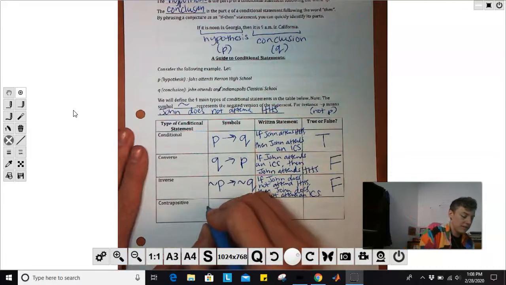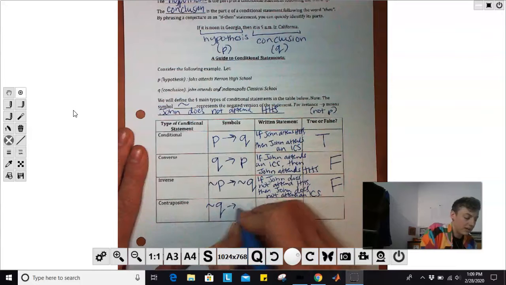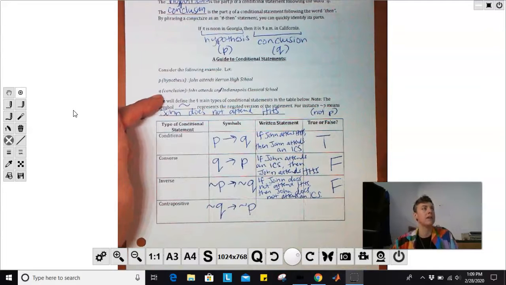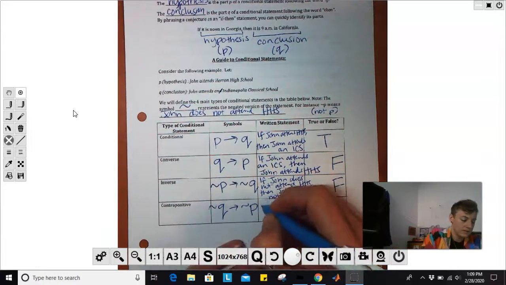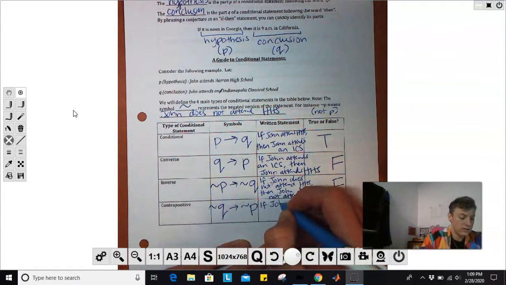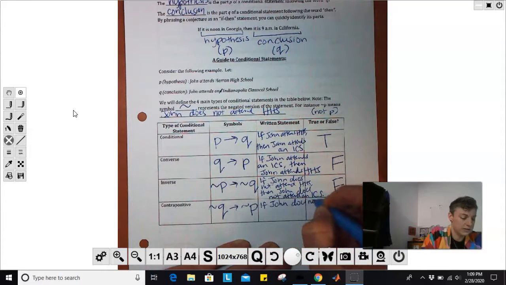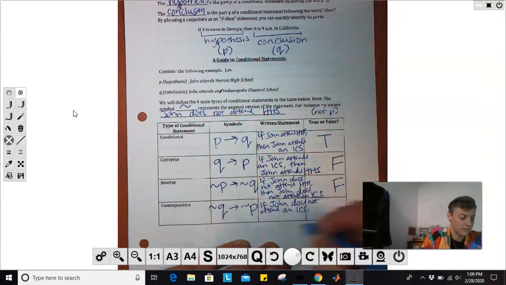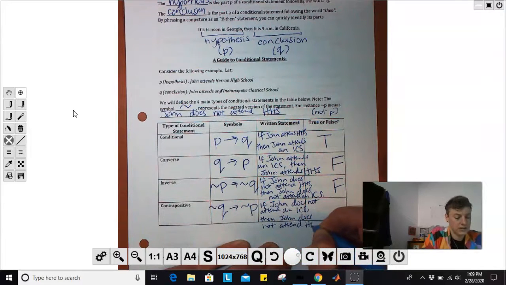So this will be if not Q, then not P. So we're going to say, if John does not attend an Indianapolis Classical School, then John does not attend Heron High School.